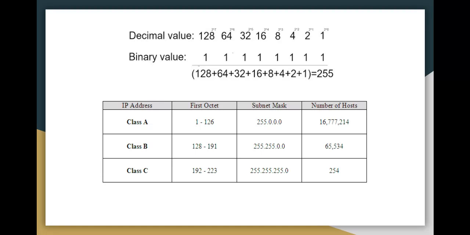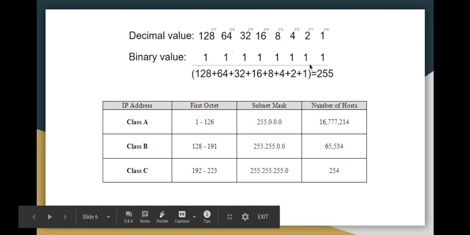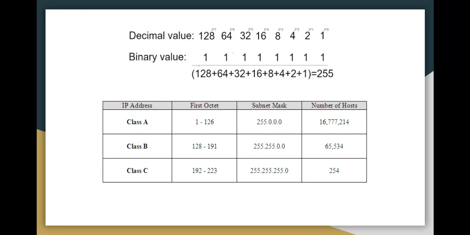For a Class C network, let's keep it simple for now, you'd have a maximum of 255 available IP addresses, because from right to left, we go 2 to the power of 0, 2 to the power of 1, 2 to the power of 2, 2 to the power of 3.